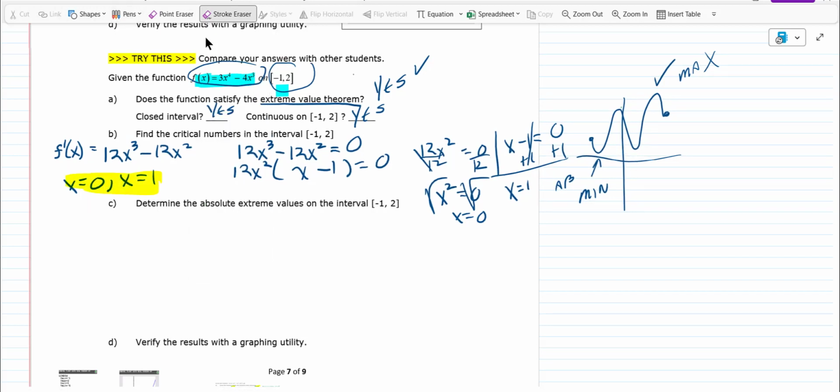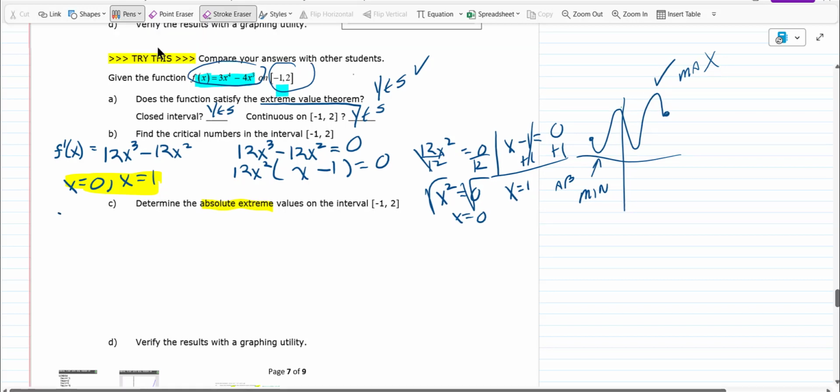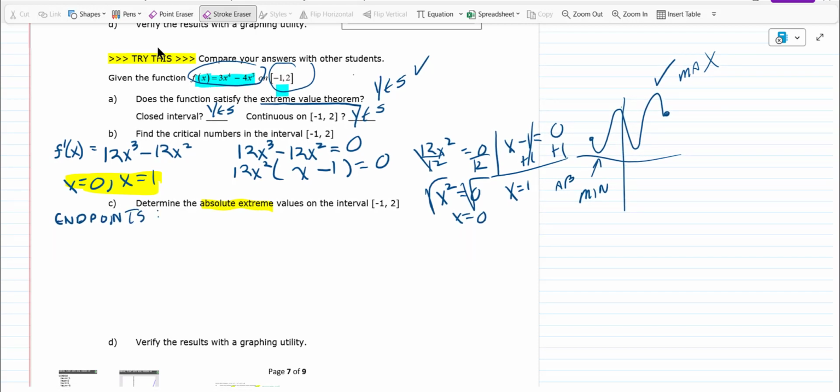Okay, so that's what you're going to be doing to start the problem. Now, what we learned in the last class was basically if you're going to determine an absolute extreme, you have to do two things. First thing you have to do is work with the endpoints of the closed interval, and that is just -1 and 2. Those are your endpoints. So you evaluate the function, not the derivative. We're done with the derivative.